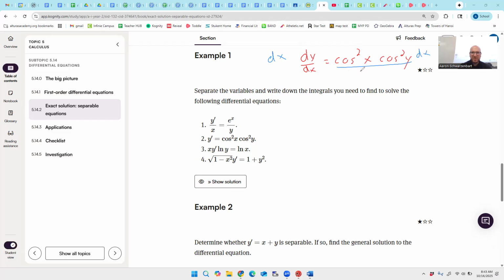And then divide both sides by cosine squared y. You can write it in two if you want. We want to get the y with the dy and the dx with the x on opposite sides of the equation.